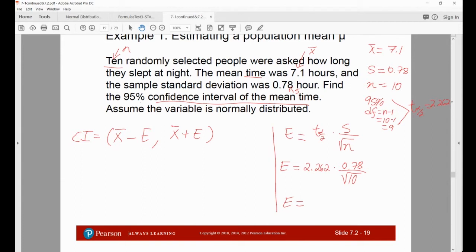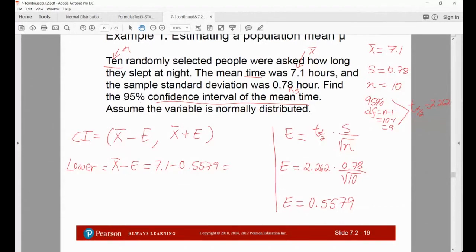So the margin of error, rounded to 4 decimals, is 0.5579. So what will be the confidence interval? What will be the lower limit? The lower limit is the sample mean minus the margin of error. So 7.1 minus 0.5579.